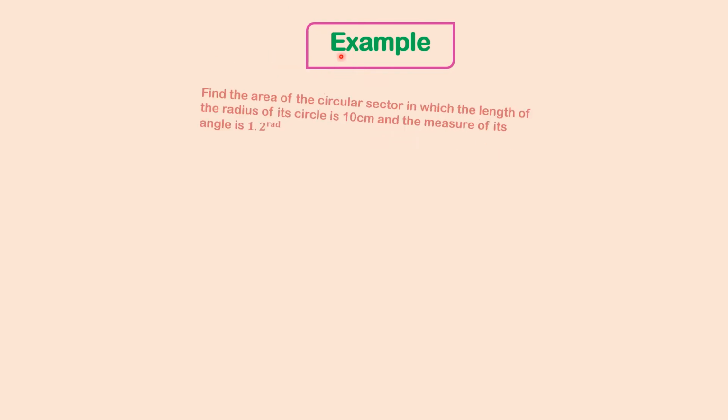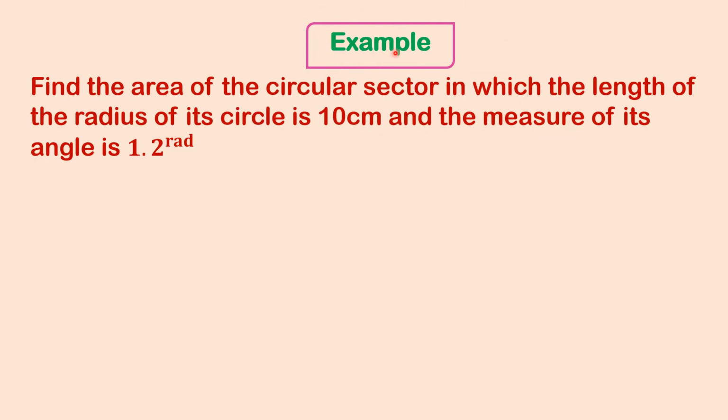Let's have an example for the circular sector. Find the area of the circular sector in which the length of the radius of its circle is 10 centimeters, and the measure of its angle is 1.2 rad.